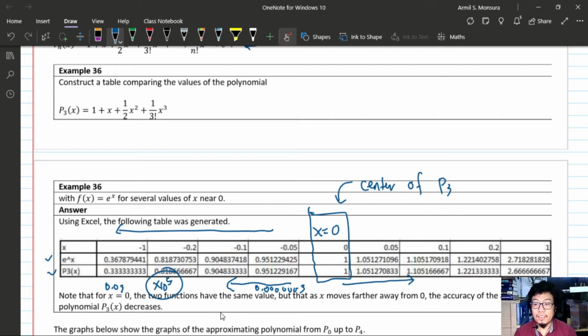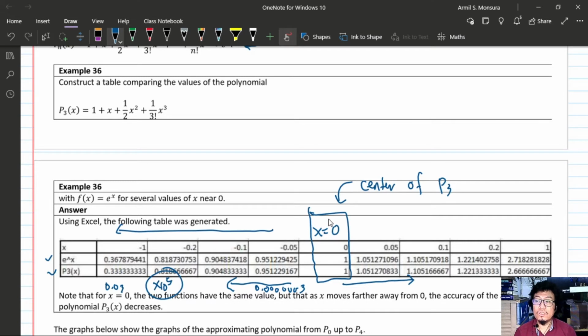So the idea here is that your approximating polynomial would only work around a certain value, which is its center. It would best approximate your function near its center.